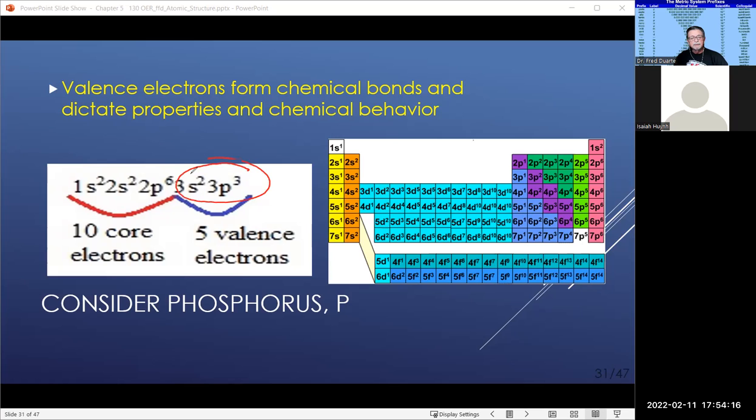Here are the valence electrons. Now, phosphorus is a non-metal, and therefore will gain 3 electrons because it has room for them right here. And when it does that, it now becomes -3 because it will pick up 3 electrons with a -3 charge. And we also change its name to phosphide, IDE.